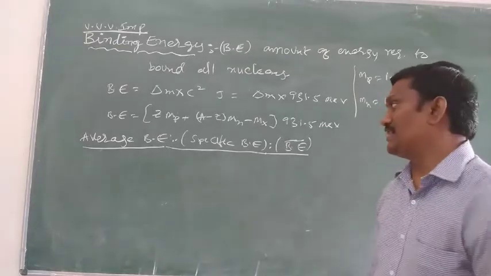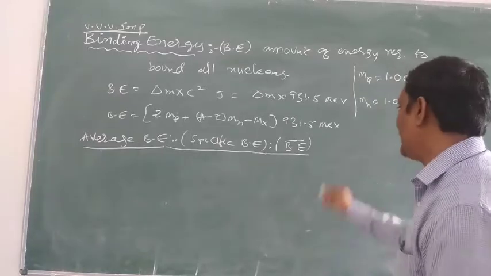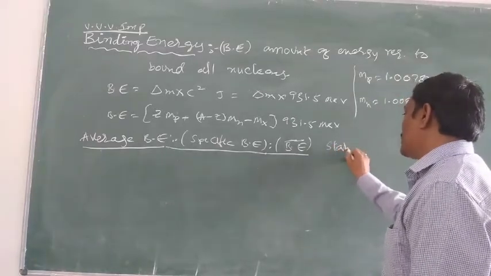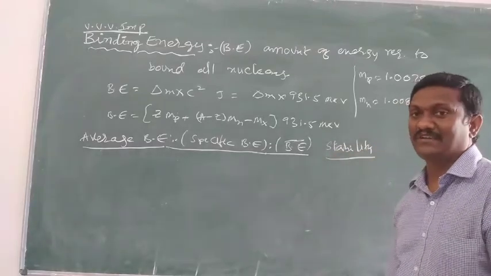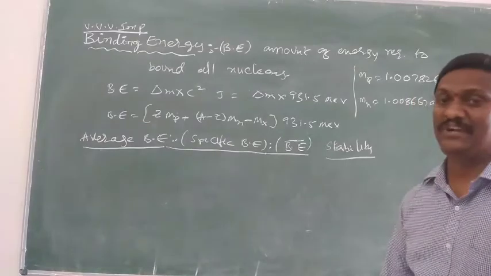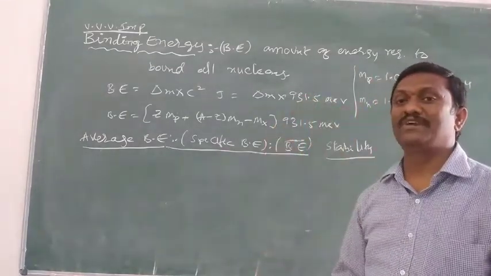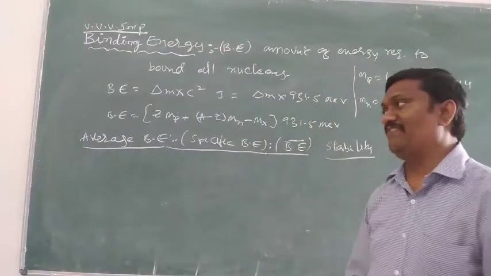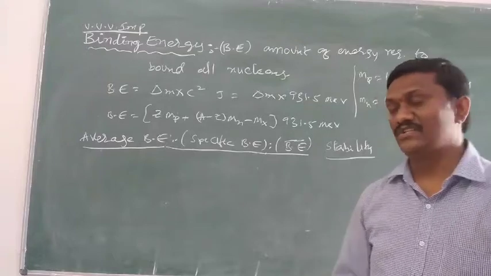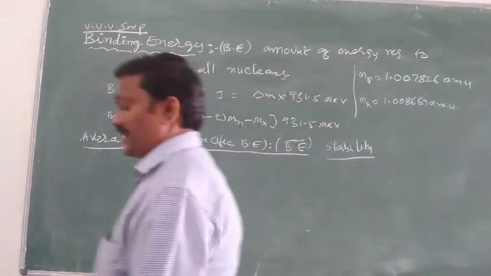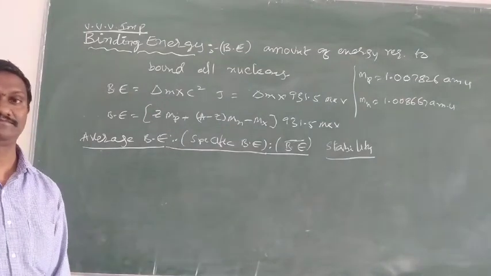First of all, what is the importance of average binding energy? Mainly it explains the stability of the nuclear system. Like packing fraction, it also explains the stability of the nucleus. If the average binding energy is more, the stability of the nucleus is more. If the average binding energy is less, the stability of the nucleus is less.